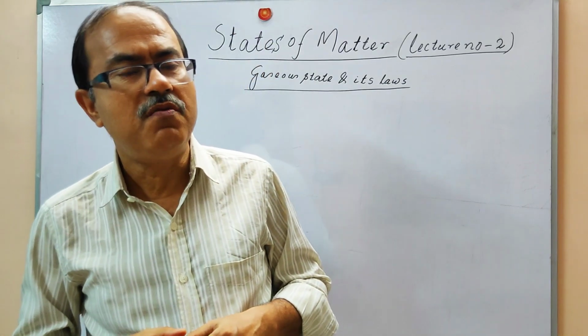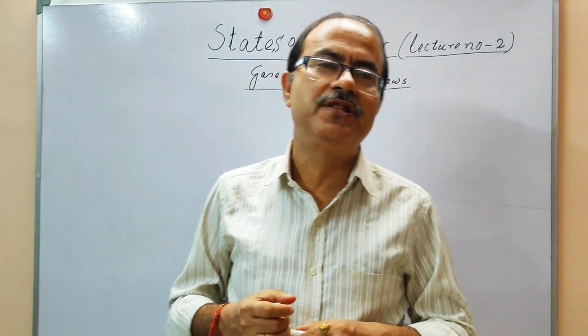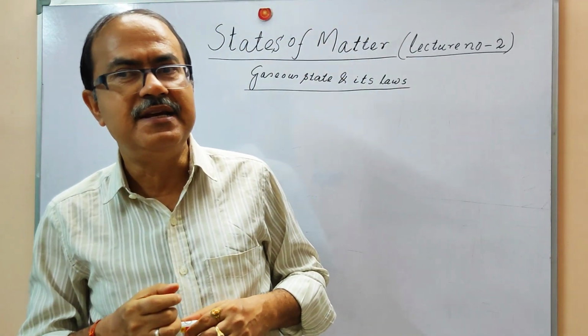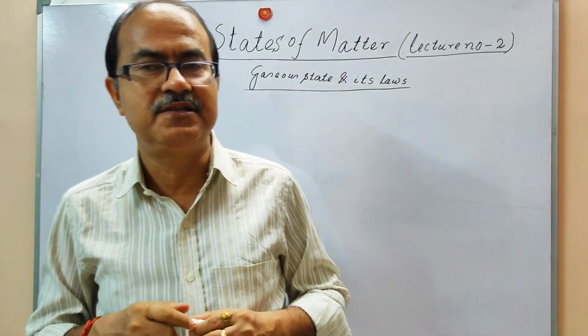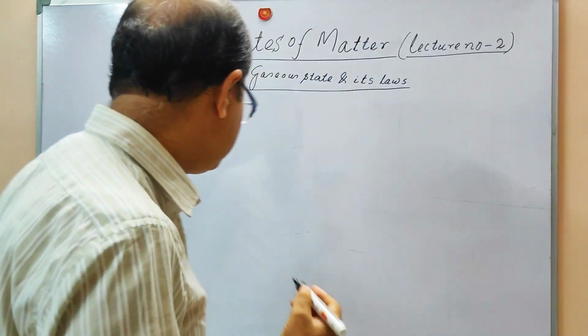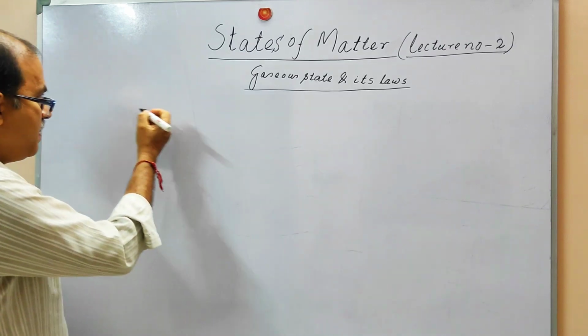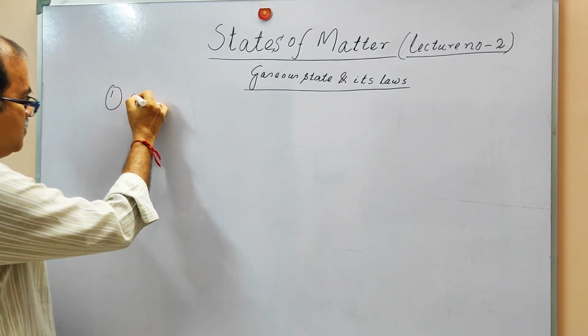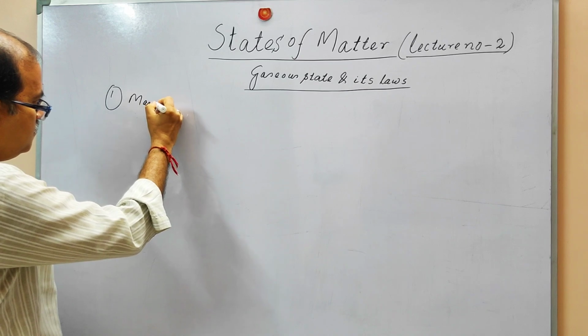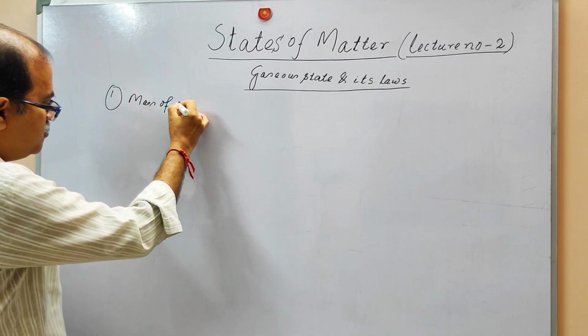What are gaseous laws? Let us understand. Gaseous laws are nothing but the interrelationship of the measurable parameters. What are those measurable parameters? There are basically four measurable parameters. One, the mass of the gas.